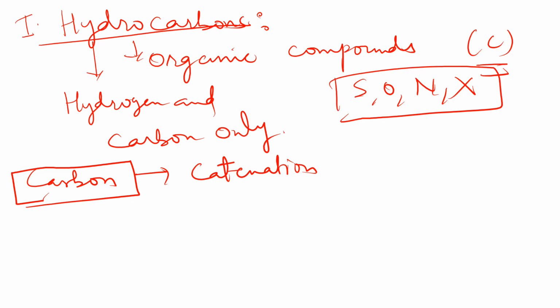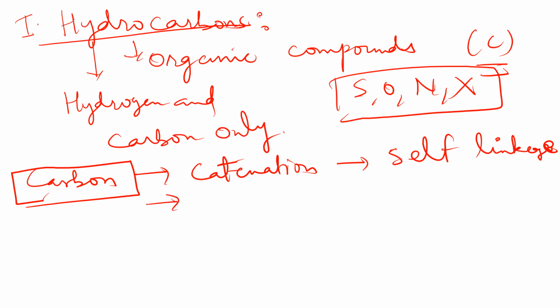And what is catenation? Self-linkage. Carbon is the only element in the periodic table which has the tendency to form bonds with itself and to form long chains of carbon. That property is called catenation.